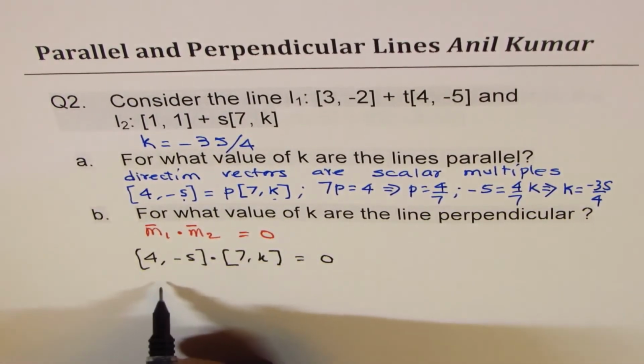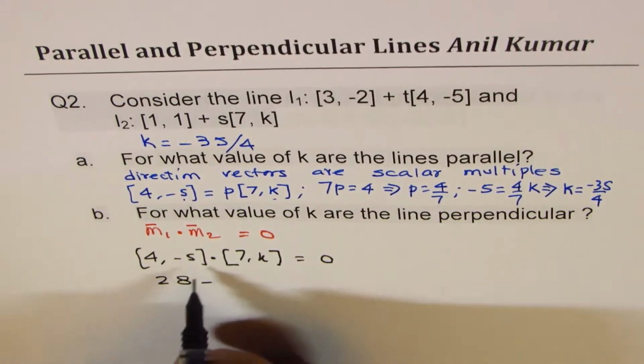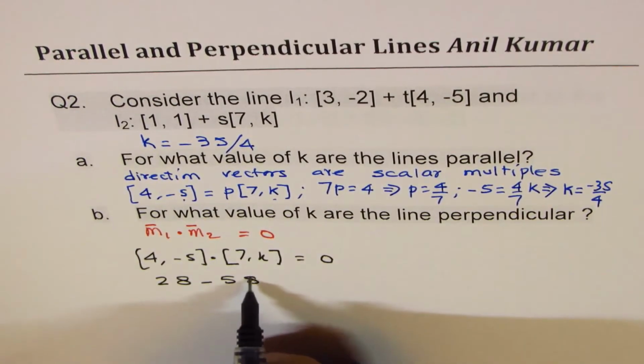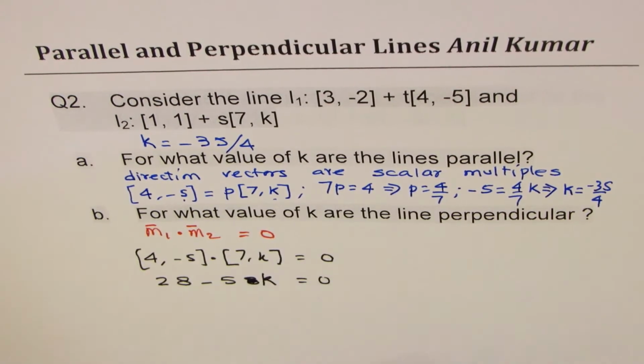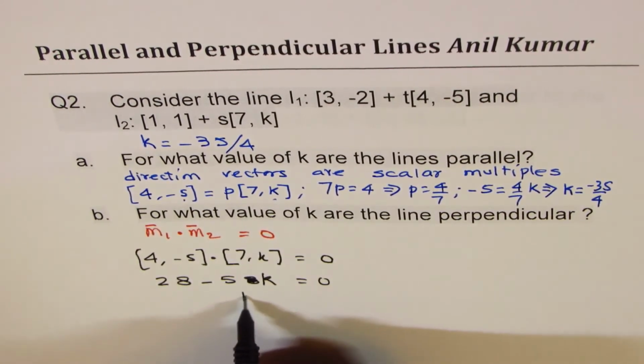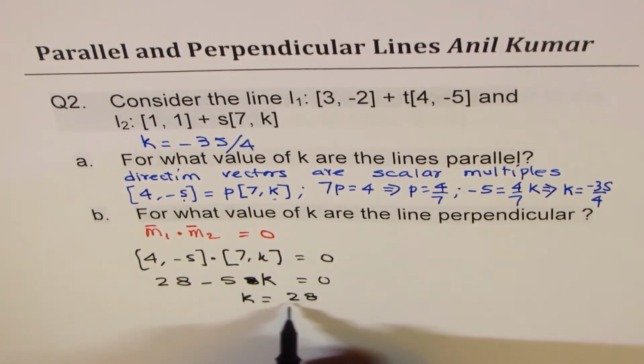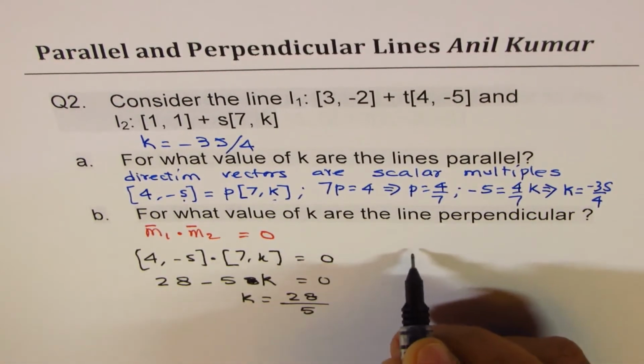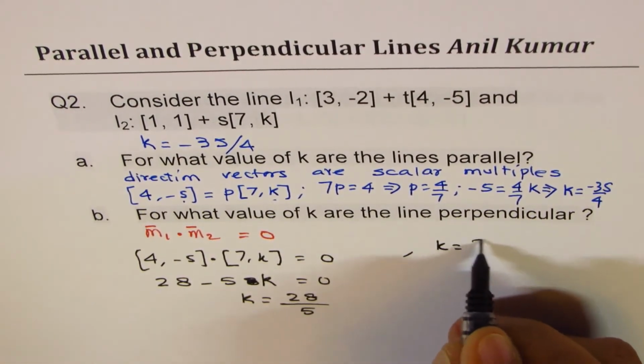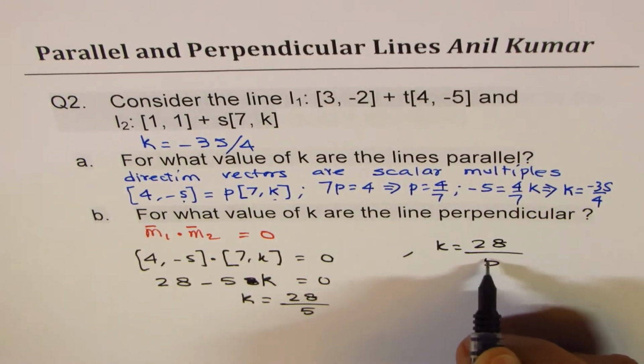So 4 times 7 is 28, minus 5k equals 0, and that gives us k equals 28 divided by 5. So our answer is k equals 28 divided by 5, right?